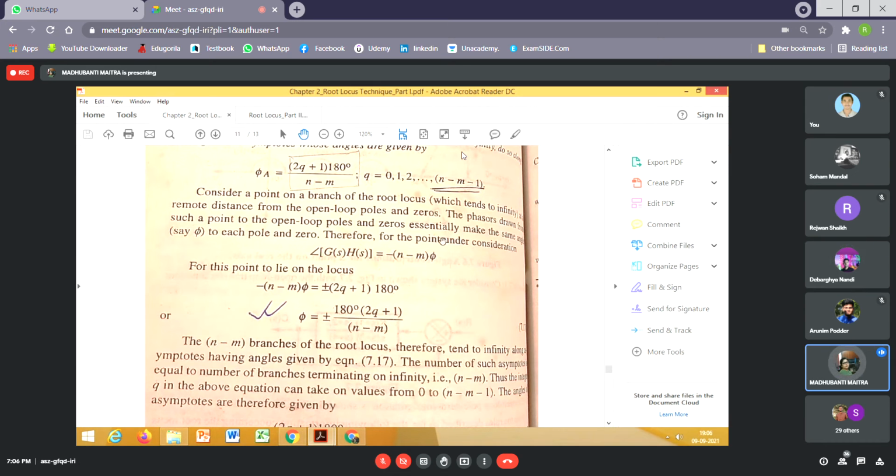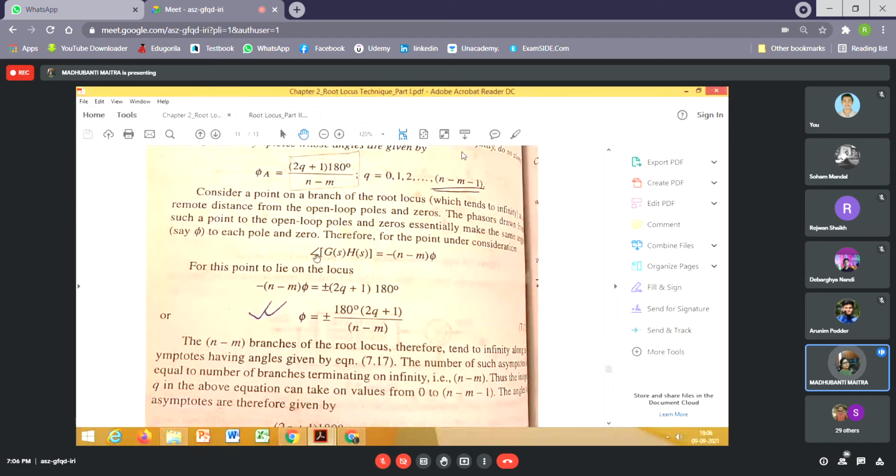So, if we consider the angle to be phi, the angle contribution of all the poles and zeros at an onlooker's point lying at infinity will be minus n minus m into phi. Phi is the angle contributed by each open loop pole and open loop zero, right?